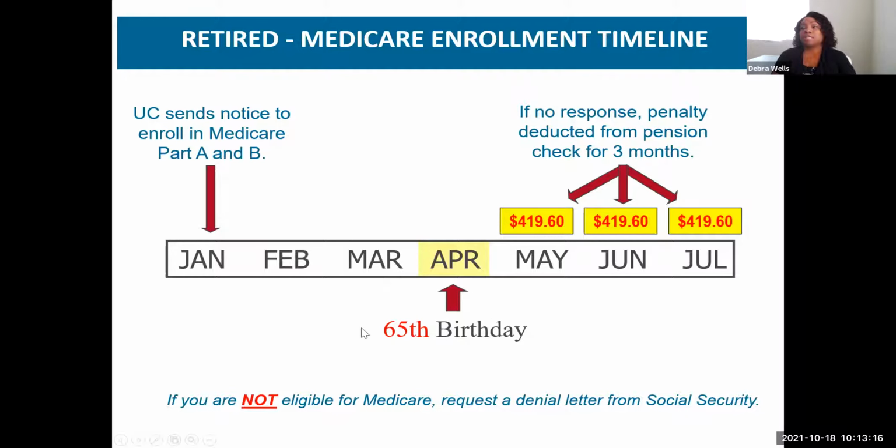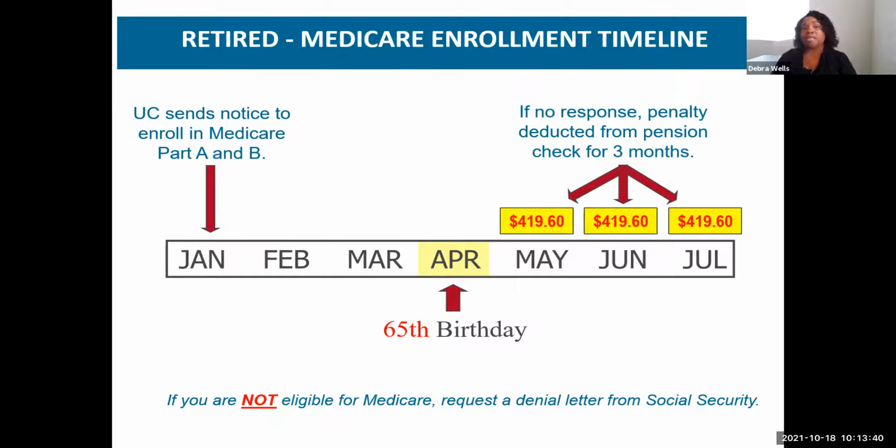Here in this example, I'm showing someone that's aging 65 in the month of April. So 90 days prior in January, they're going to receive their packet with instructions on contacting Social Security, enrolling in Medicare, receiving your Medicare card, and making sure that you complete that prescription drug form that I just went over.